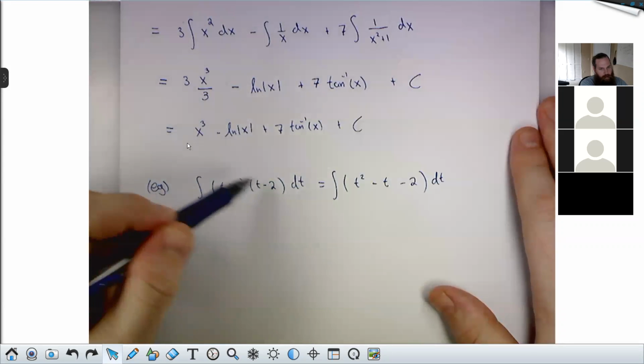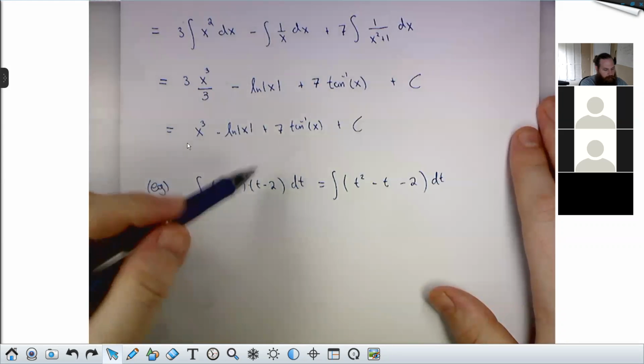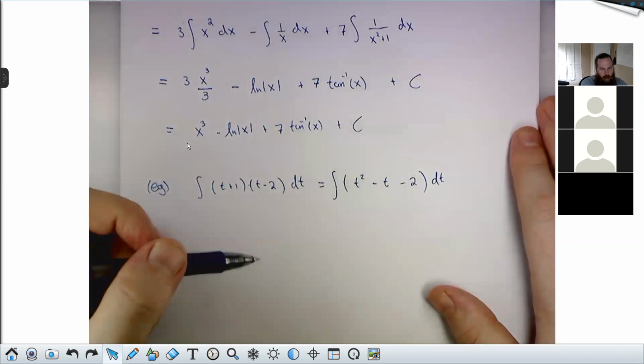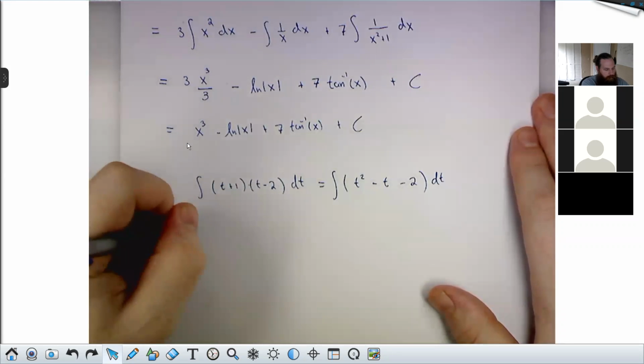So while I don't know how to find an antiderivative for this thing as it is, because they're being multiplied, and there's no nice rule for the antiderivative of f times g. If I FOIL it out, now it's all addition and subtraction that's separating the pieces. And now I can integrate each piece on its own.